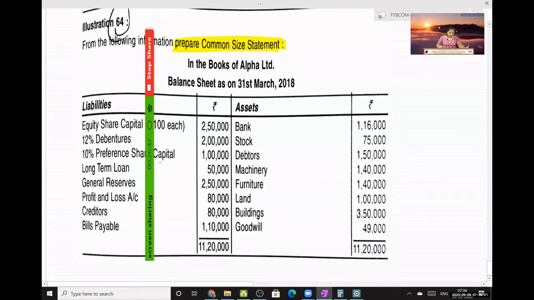Next, in the liability side, equity, debentures, preference, long-term loan, then general reserves, P&L, creditors and bills payable. तो ये हमारा old style of balance sheet है जिसको obviously हमें new style में convert करना है. Okay. Have I given the PDF of this chapter?